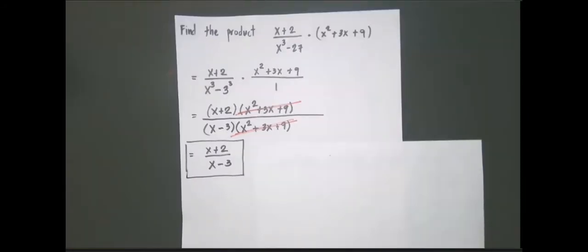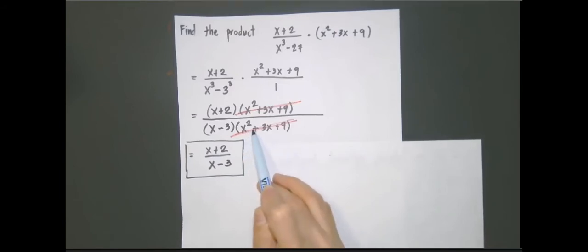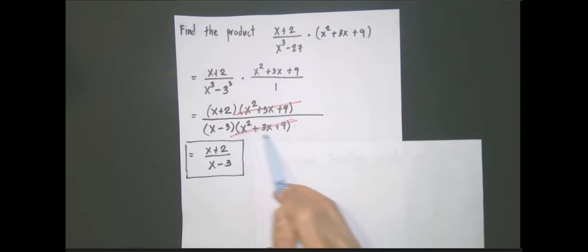Now regarding step 3, which is to exclude the restricted values for x. Notice that the factor in the denominator, x squared plus 3x plus 9, does not equal 0 for any real values of x. What do we mean by that? Whatever value we place in exchange of x here, it will never be equal to 0.